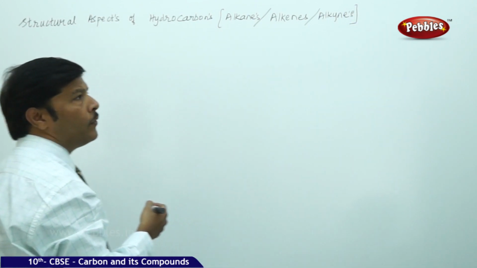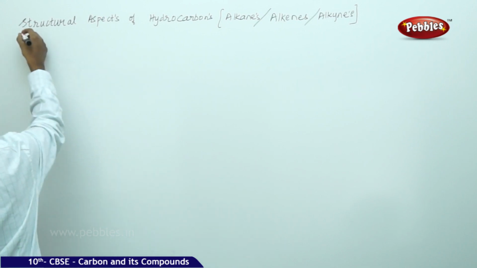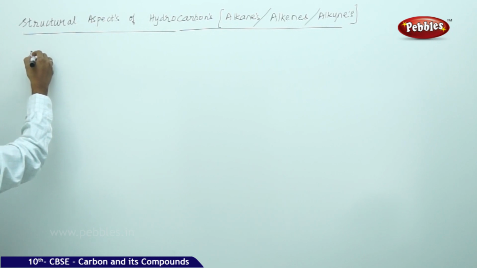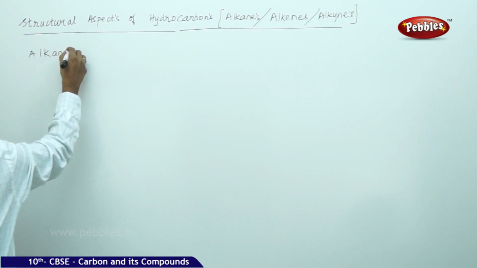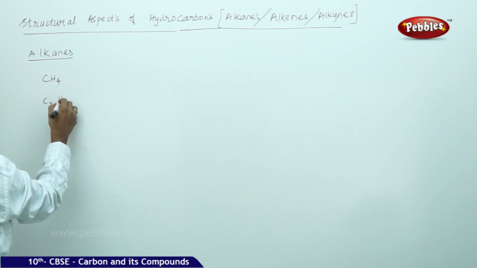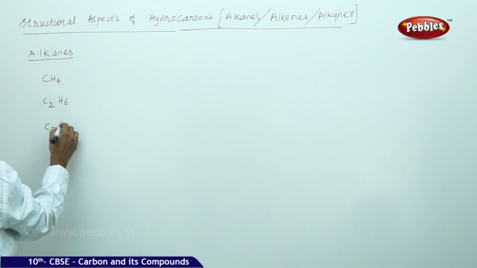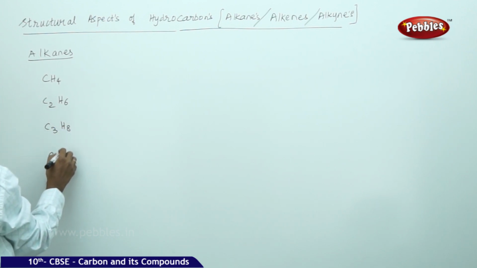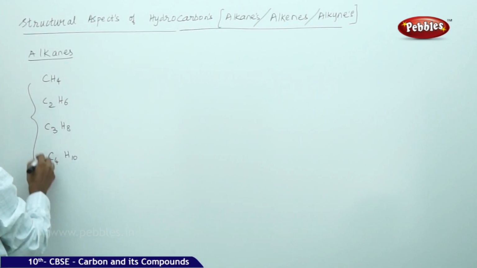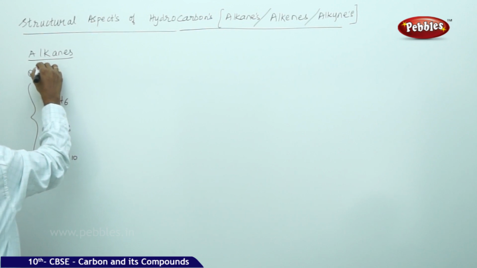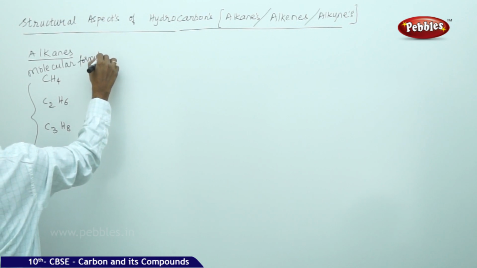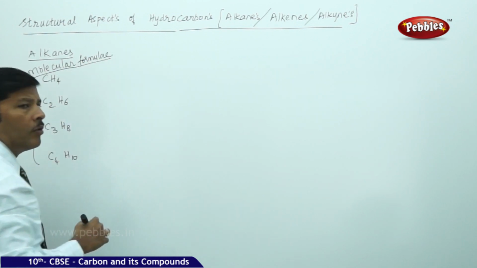So here, if you are going to take the alkenes in particular, if you take hydrocarbons CH4, C2H6, C3H8, C4H10, all these come under the molecular formulae.